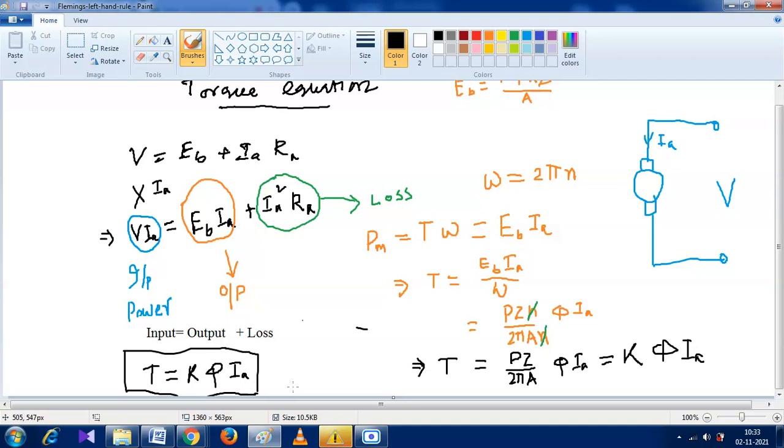No. Number of conductors is denoted by Z, not length. A is the number of parallel paths between two brushes.